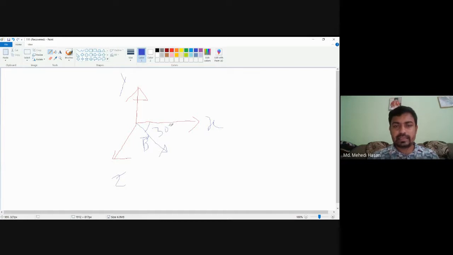Then this vector b has two components, basically three components. Initially you have to find out one component along the x-axis.